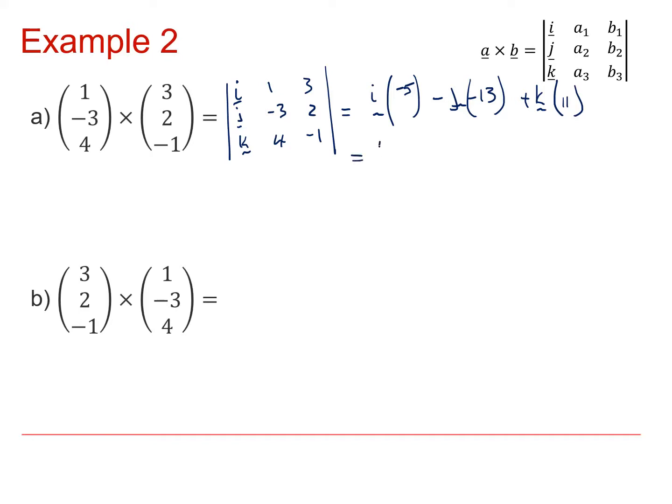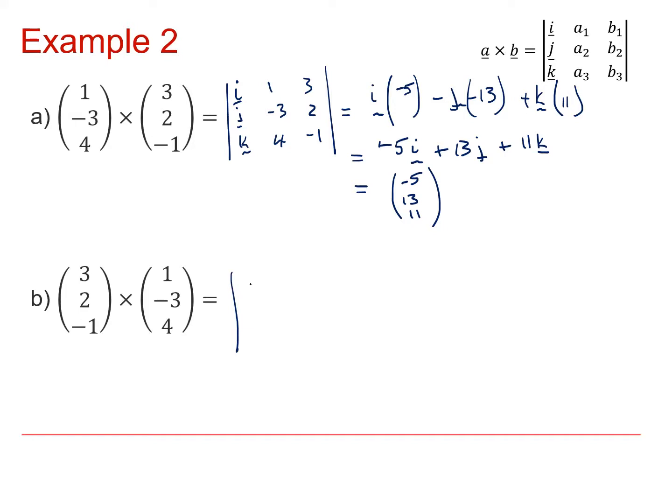So that gives me minus 5i plus 13j plus 11k. And if I write that as a column vector, that's going to be minus 5, 13, and 11.